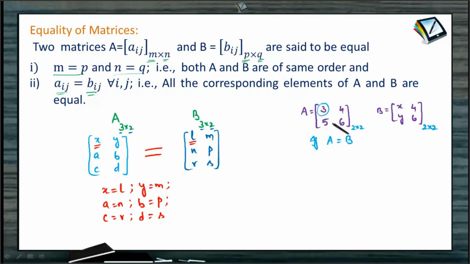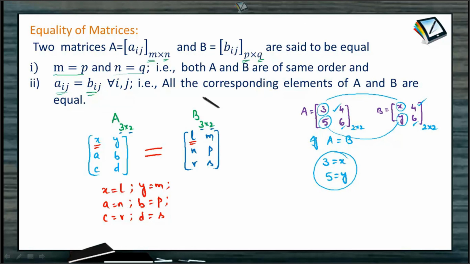The element in the first row, first column of A is 3, so the X value must be 3. The elements 4 and 4 are equal. Again, the element at the second row, first column is 5, so 5 should be equal to Y, and the elements in the second row, second column are already equal. So if the two matrices are equal, then the value of X must be 3 and the value of Y must be 5, right?